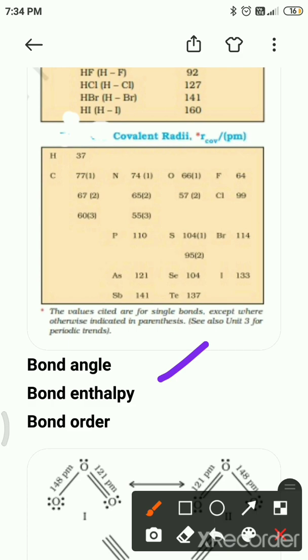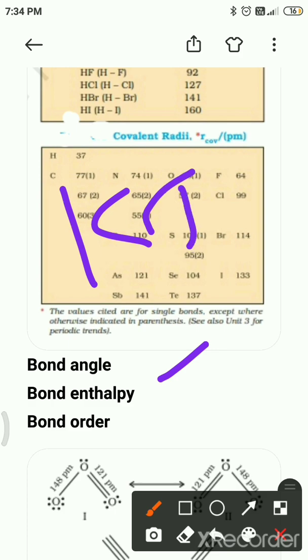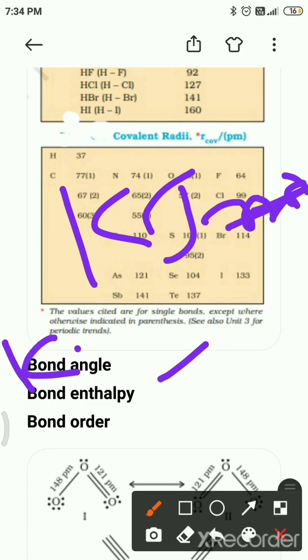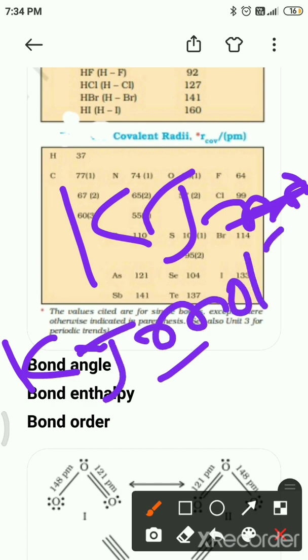The unit for bond enthalpy is kilojoule per mole.